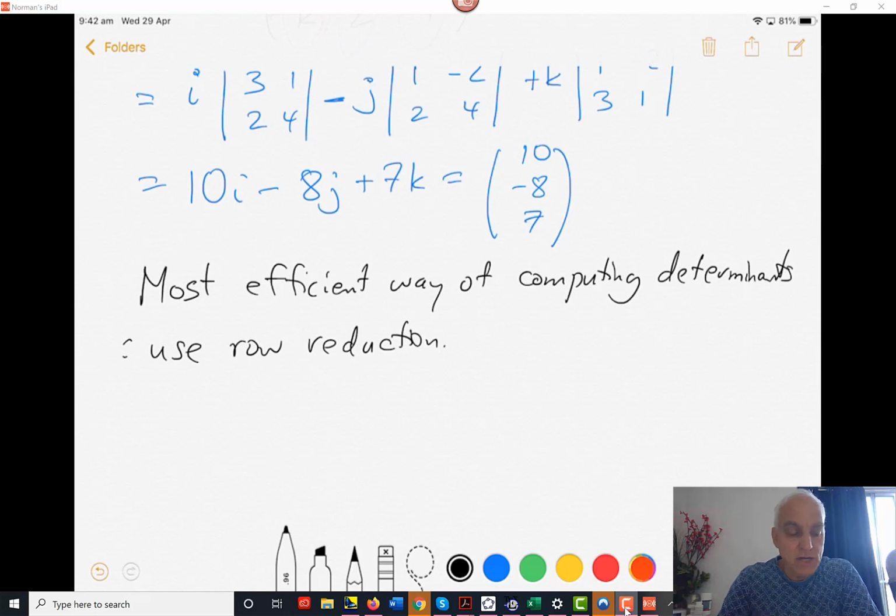If we interchange two rows, or swap two rows, the determinant is changed by -1. If we add a multiple of one row to another, the determinant is not changed. And if we multiply a row by a scalar, say lambda, then the determinant is correspondingly multiplied by lambda. So the idea is that we row reduce until we get into row echelon form, and then the determinant is very easy to read.